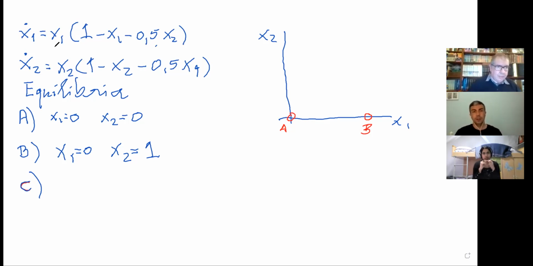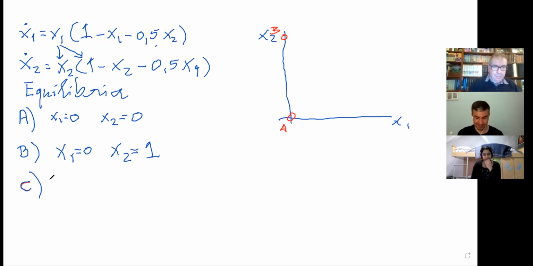I'm sorry, the point B shouldn't be there? Are you absolutely sure? Yeah. Okay, so the point B is not here, the point B is there. I did this to see if you were attentive, if you were paying attention.